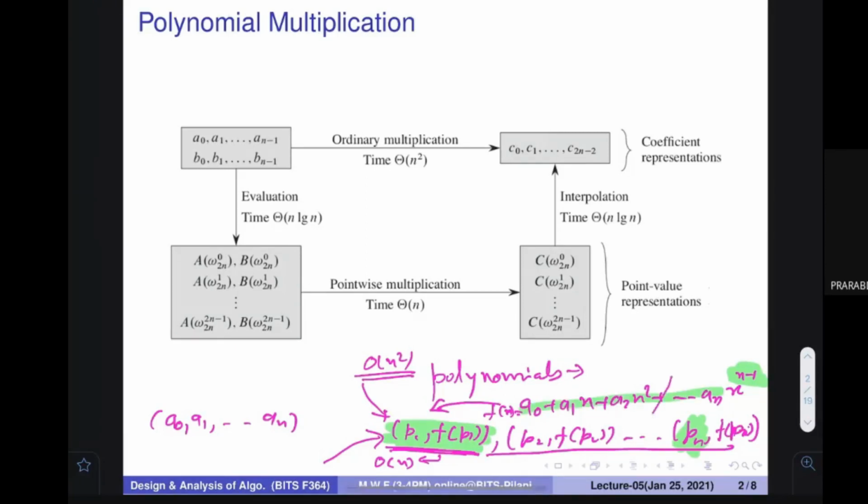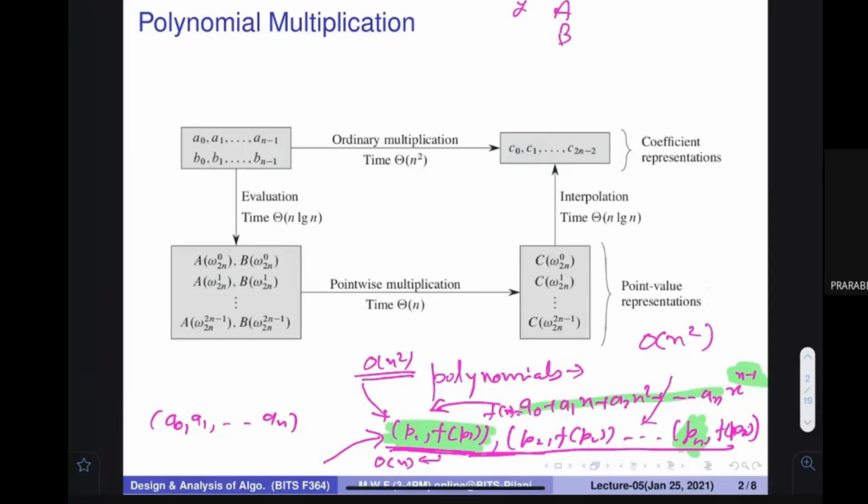So what is the importance of this point form? When two polynomials, a and b, are given to you and you want to find their addition, it's very simple: term by term you find the summation.